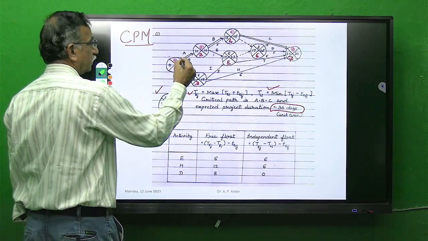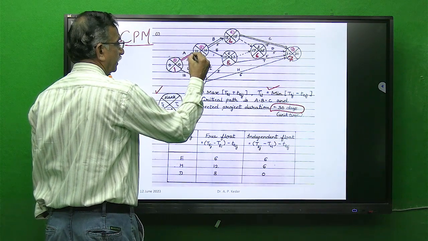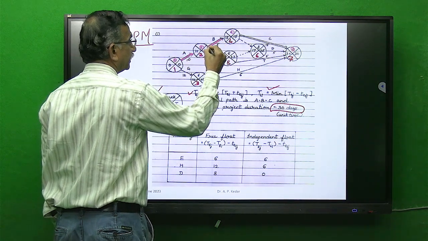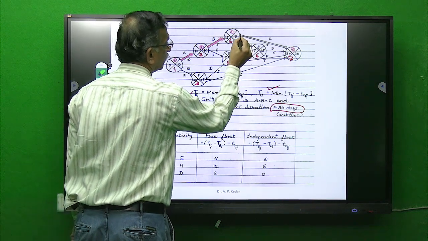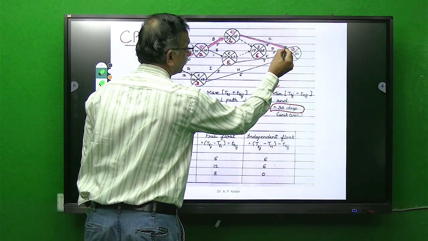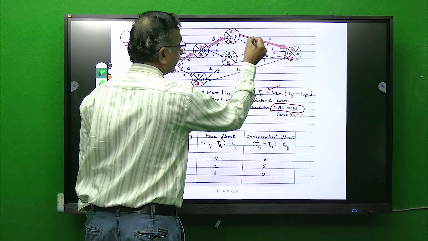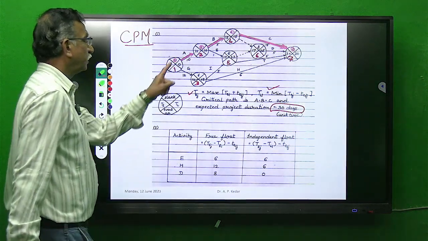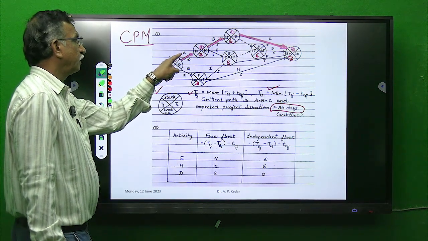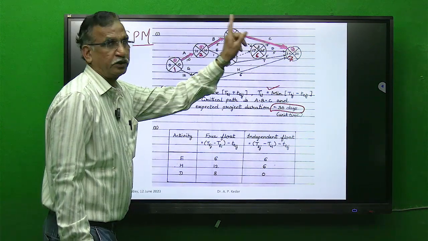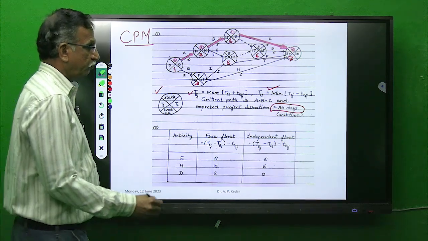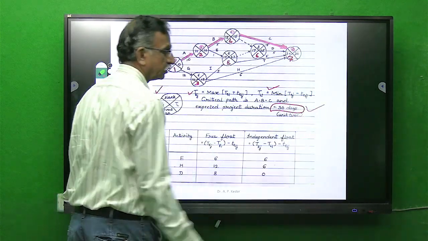So what is done? A double line arrow indicating the critical path was drawn through the 0 slack activities. So critical activities are A, B, C with project duration 30 days.